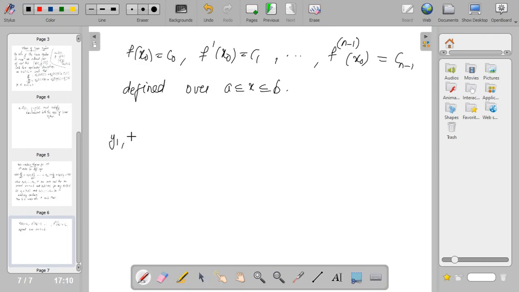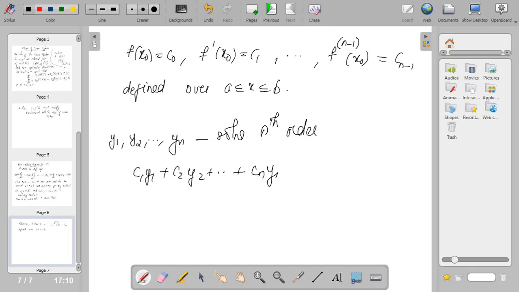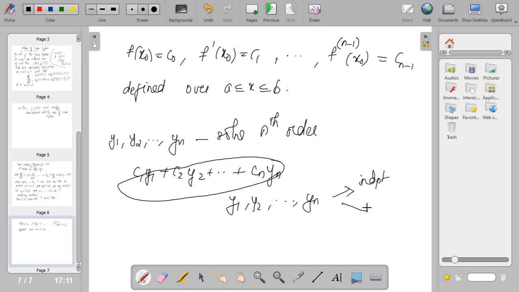So if you have functions y1, y2, ..., yn which are solutions of the nth order equation, then by the superposition principle, c1 y1 plus c2 y2 plus ... plus cn yn is again a solution of the differential equation. These solutions y1, y2, ..., yn can be linearly independent or linearly dependent.